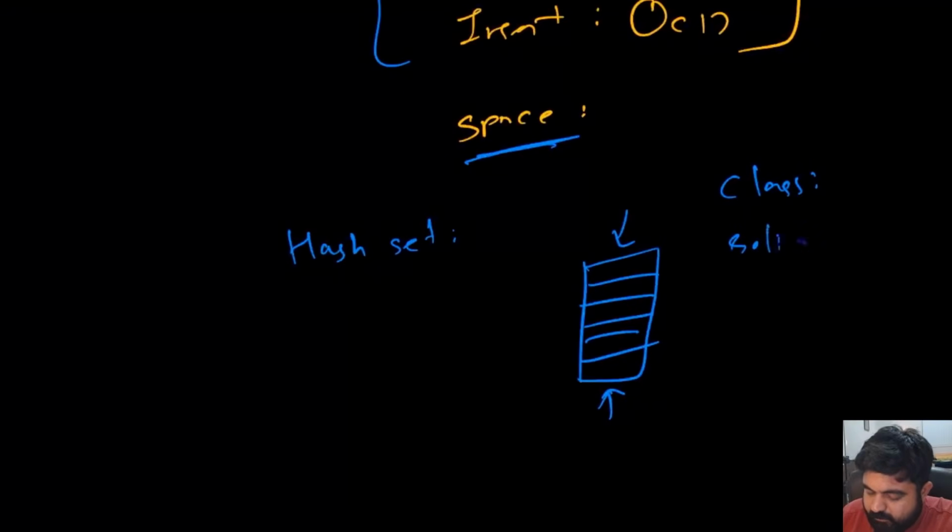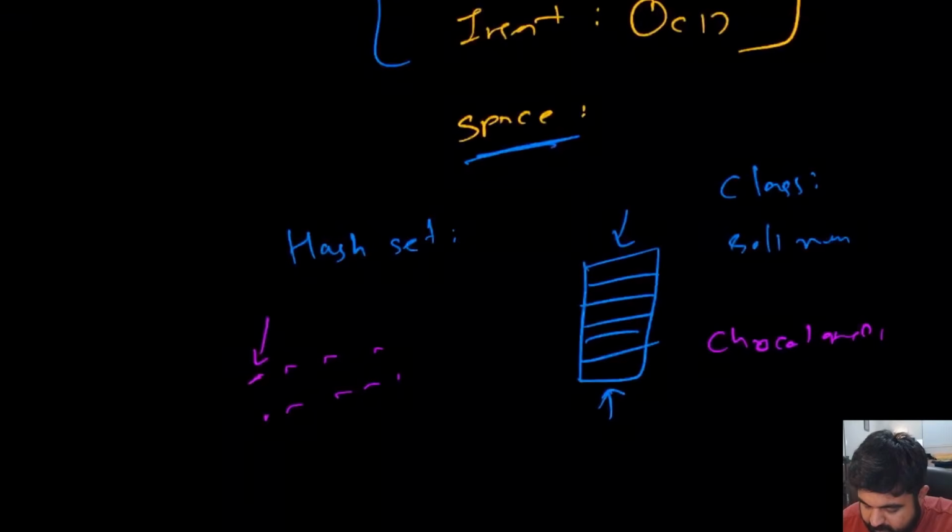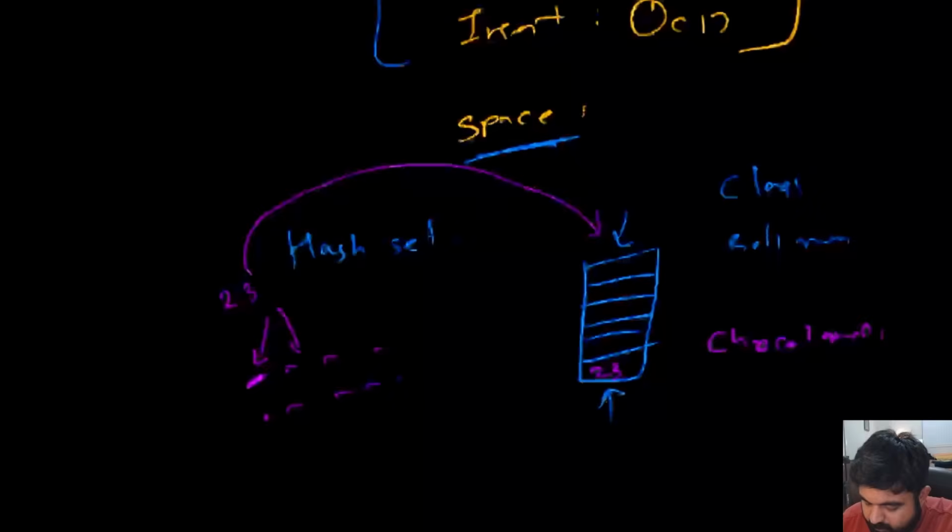Let's say I want to distribute chocolates, right? Now all the kids are sitting in a random manner. So I can go to the first child and ask, okay, what is your roll number? He or she says my roll number is 23. I can put this value inside the hash set, that roll number 23 already got the chocolate, and then move on to the next value.